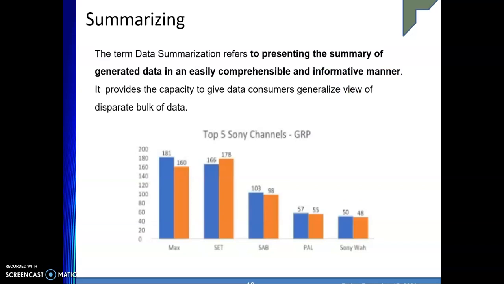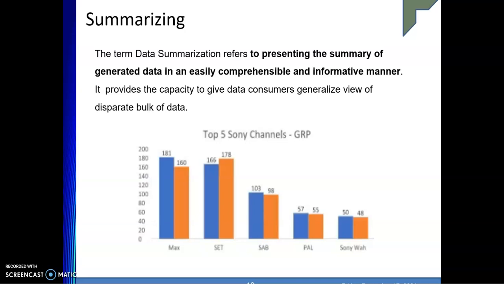Okay. Because whenever you are getting data, summarizing is a comprehensive way in which the data can be represented and becomes very informative. Say, I want the top five channels by GRP, the gross rating points, or you can say some kind of ratings we are talking about, right?